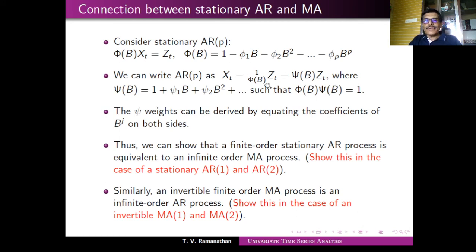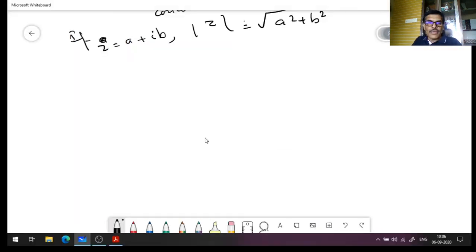I mean, that's quite clear. So phi B into psi B should be equal to 1. So the psi weights can be derived by equating the coefficient of B to the power of j on both sides. So it's like if I have, so I'll have something like this. If you have xt, phi B, xt, sorry.